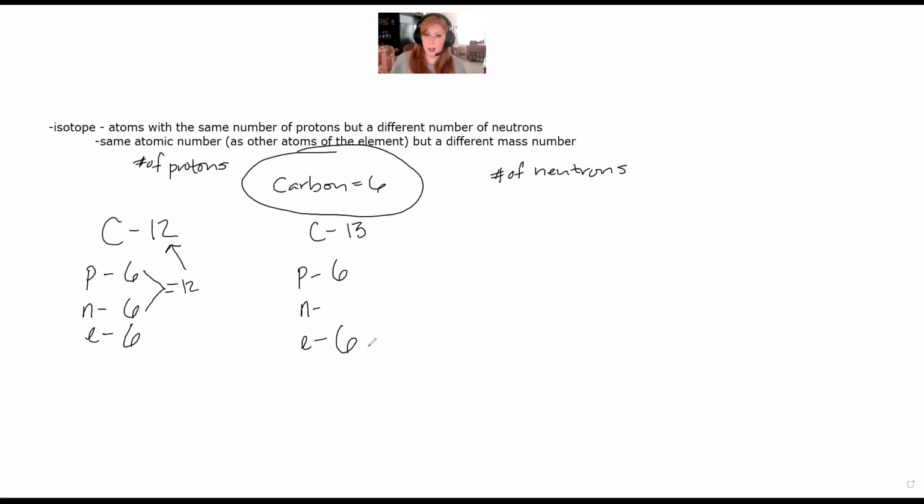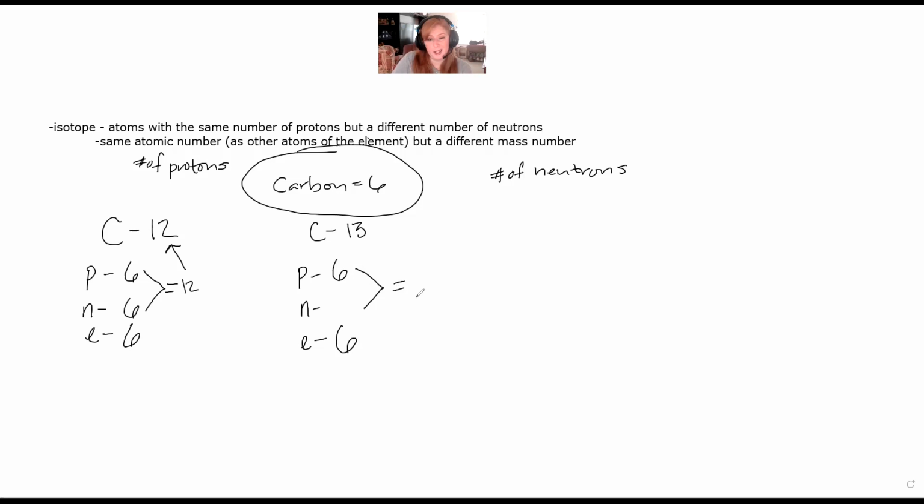Notice that this is carbon 13, not carbon 12. This is an isotope of carbon. And it means that it has the same number of protons, different number of neutrons than a standard atom. Same atomic number, different mass number. How do we figure out how many neutrons there are in an isotope, carbon 13? Well, normally we do 6 protons plus whatever neutrons is equal to the mass number, right?